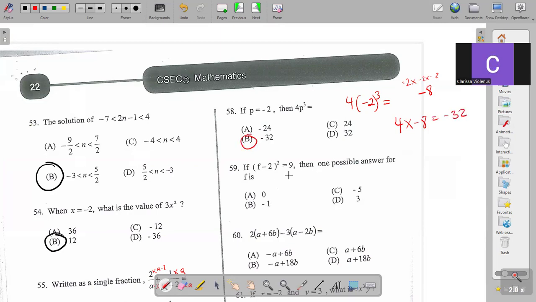Next one. One possible answer for f is, so it's almost like it's solving. So first thing to get f, you have to square root both sides to get rid of the square. So f minus 2 is equal to the square root of 9, which is 3. And then you carry over the minus 2, so f is equal to 3 plus 2. So f is equal to 5.